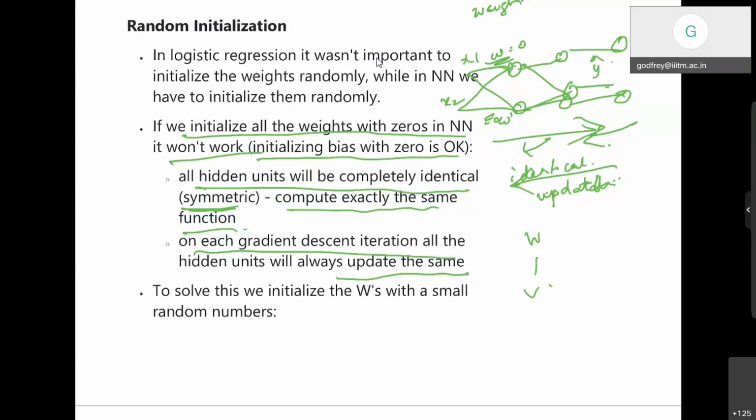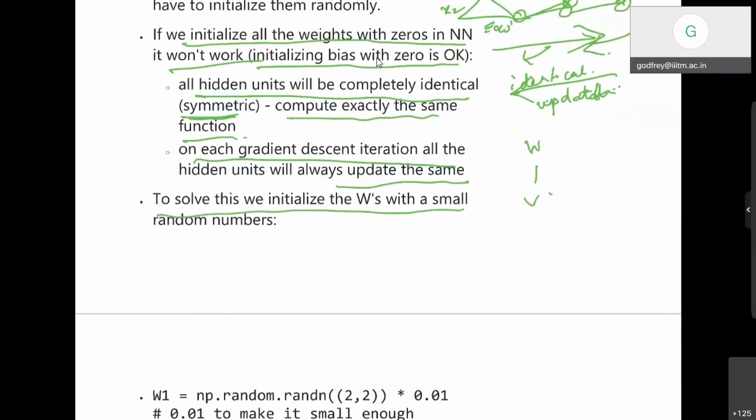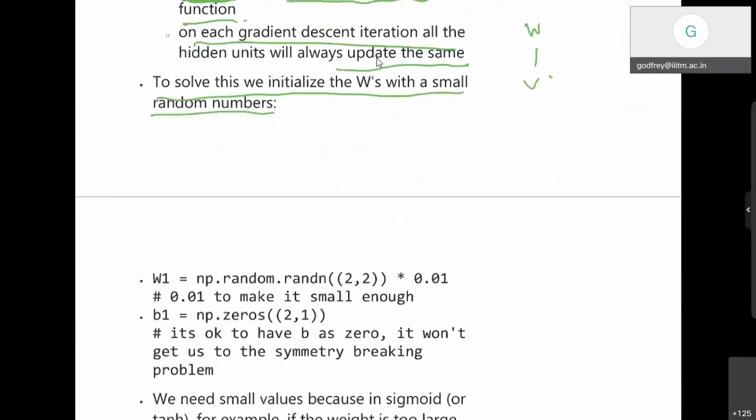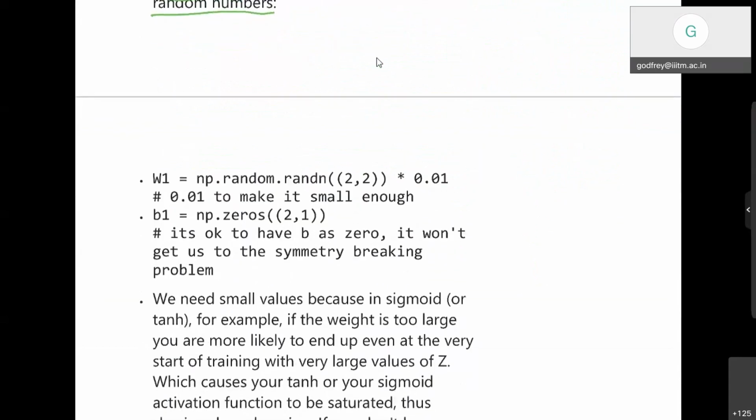So what we do is initialize the weights with small random numbers. You have this kind of random initialization and you make the numbers small.